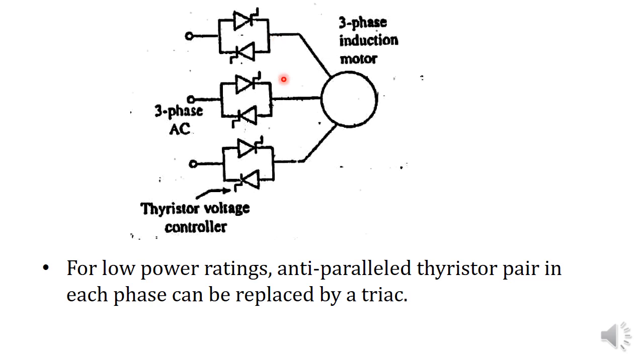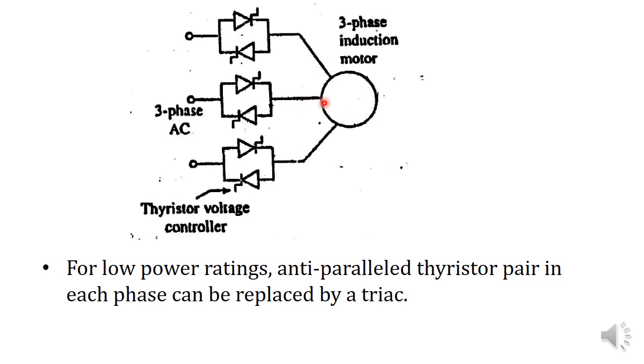So for a three-phase motor, we need 6 anti-parallel SCRs. Why are we using anti-parallel SCRs instead of triac? Because for a three-phase induction motor, the power rating will be high. So for a three-phase induction motor with high power rating, we will be using anti-parallel SCRs instead of triac.